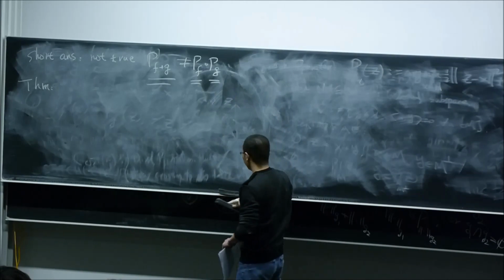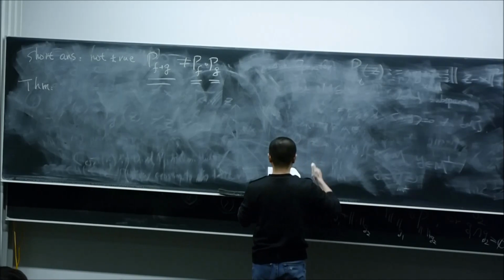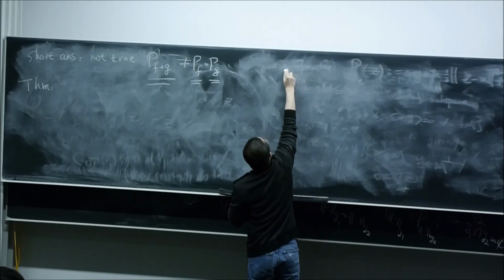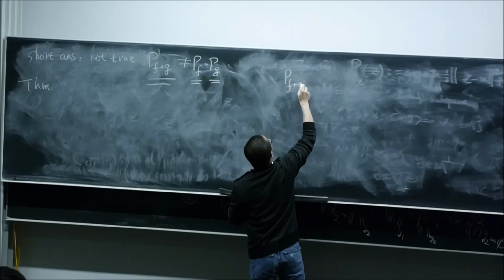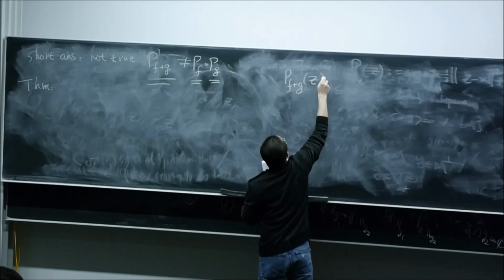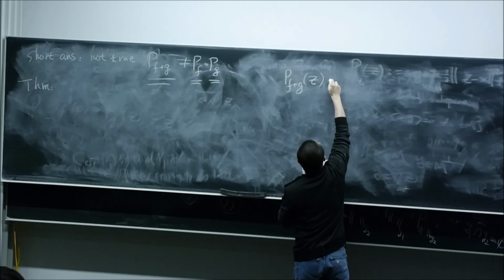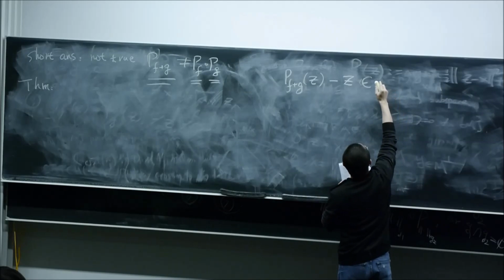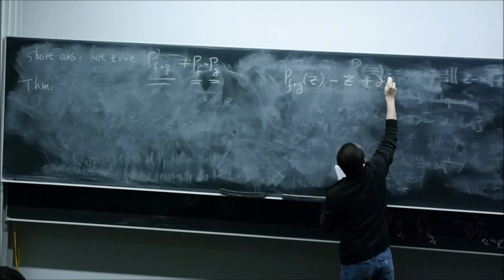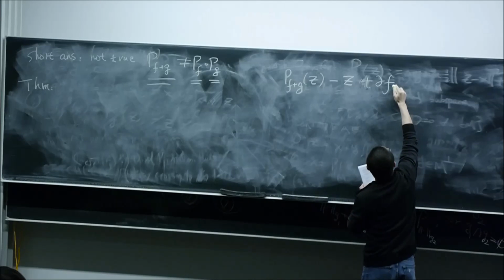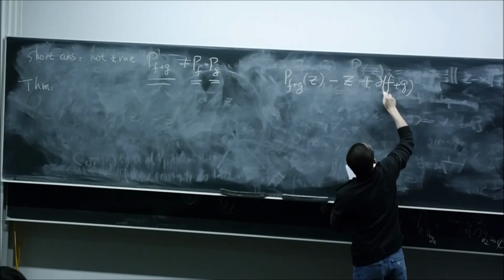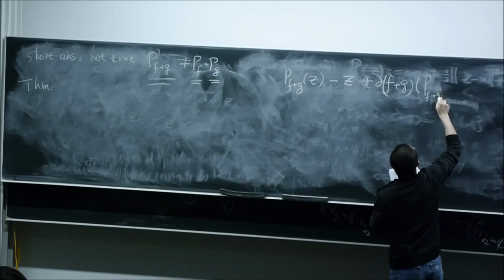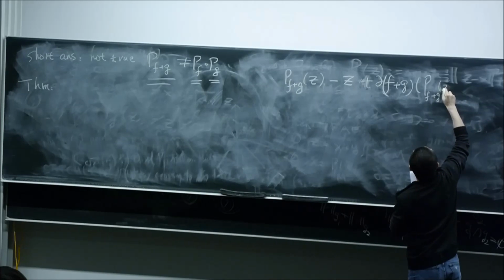For the first one, P_{F+G}, we know P_{F+G}(Z), because it's optimal, minus Z is going to be in the subdifferential of F plus G, evaluated at the point. It's going to be a little bit messy, but really it's just taking the derivative, nothing fancy.